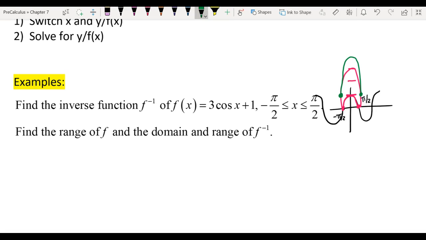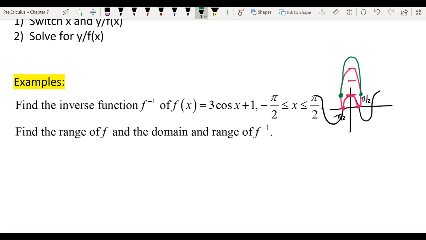Yes? Okay. So it says find the inverse of the function. We haven't done that yet. But it also says find the range of f and the domain and range of f to the negative 1. So what would the range of f be? It goes from 1 to 4, because this is 1, 2, 3, 4.